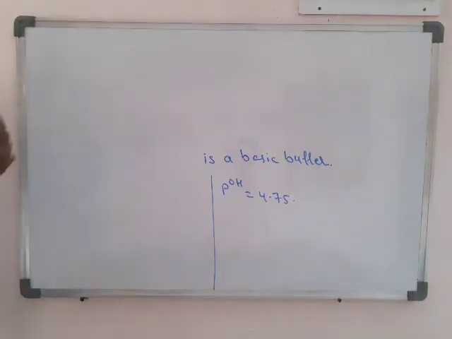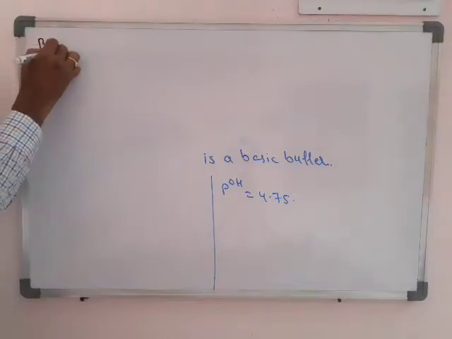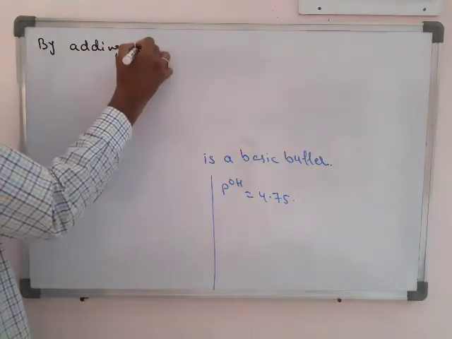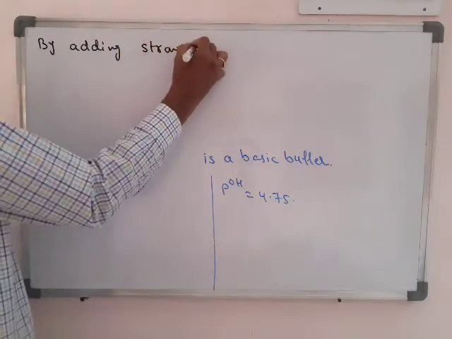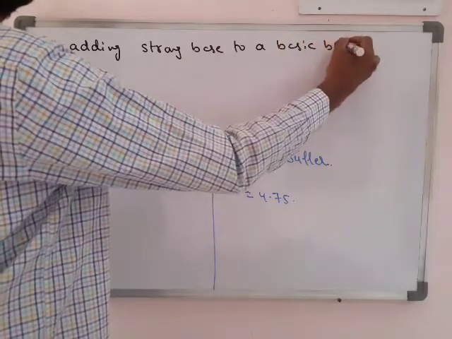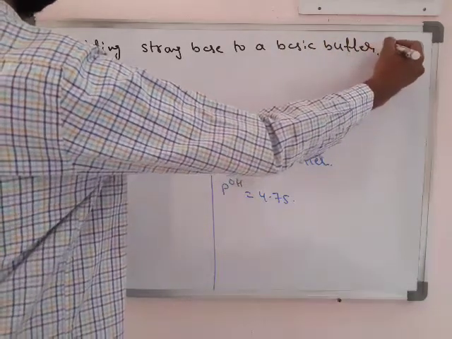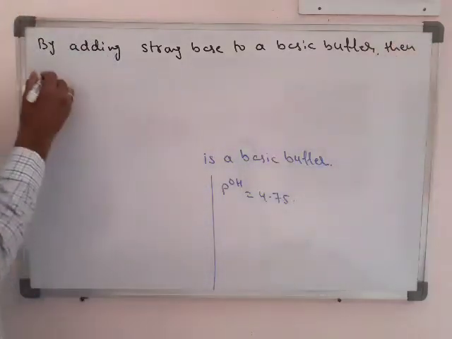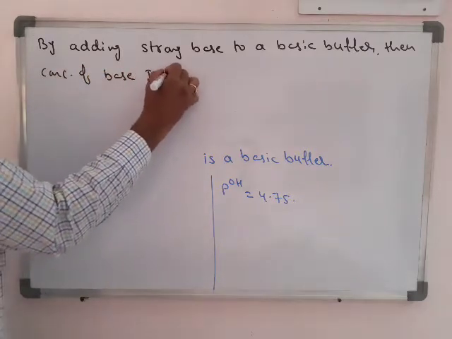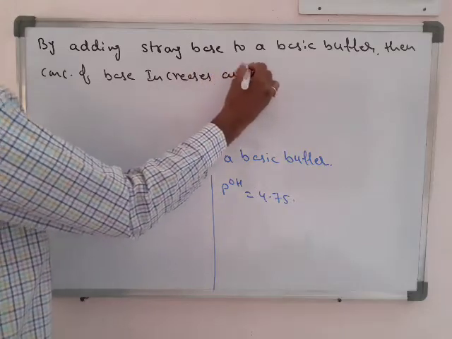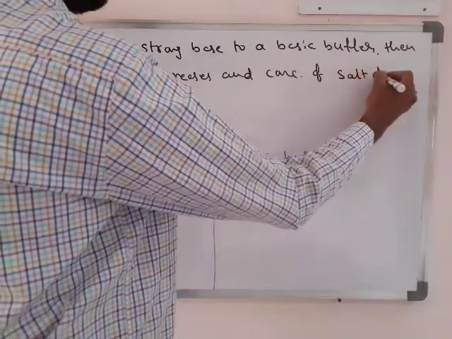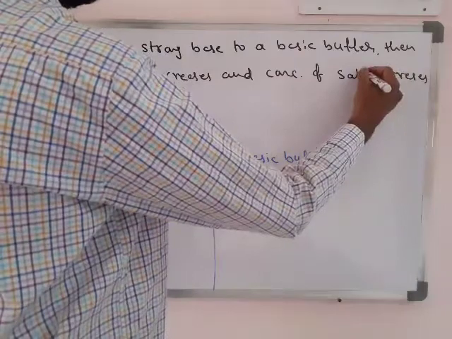So here we can write, by adding strong base to a basic buffer, then concentration of base increases and concentration of salt decreases.